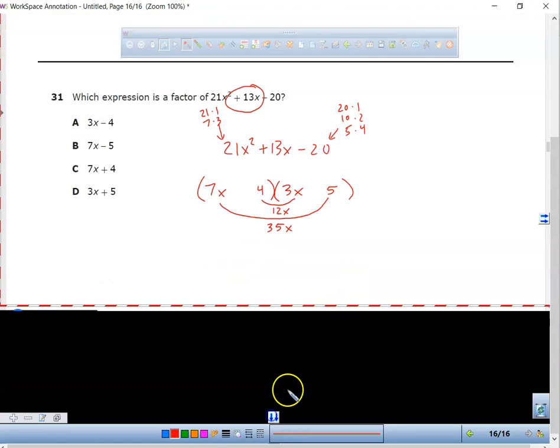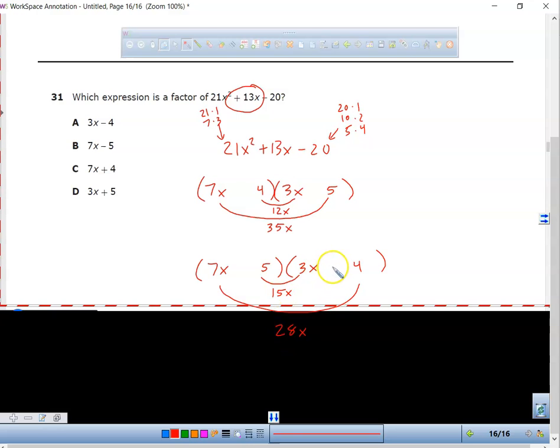Okay? So here's what I want you to do. Just go right down here. Keep the 7x. Change that to a 5. And change this to a 4. Okay? So right here, let's check this out. That's 28x. This is 15x. If I subtract those, does that get me a 13?